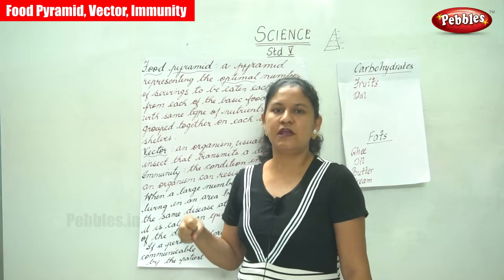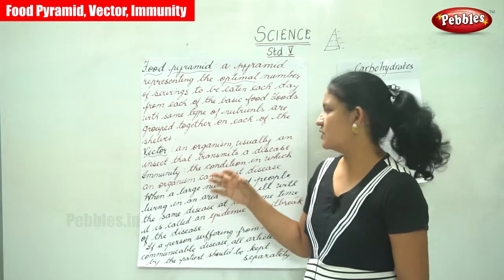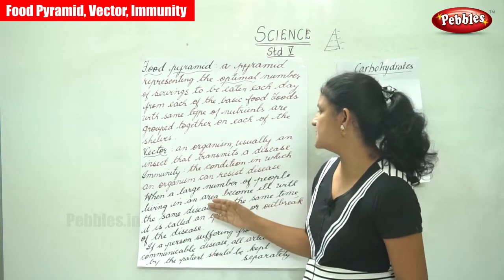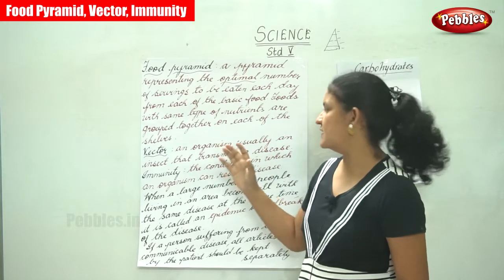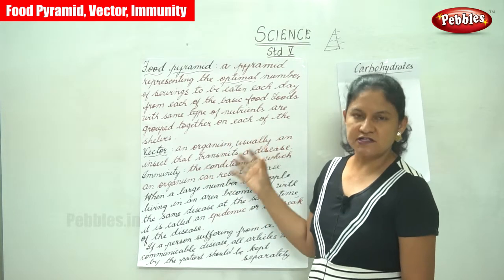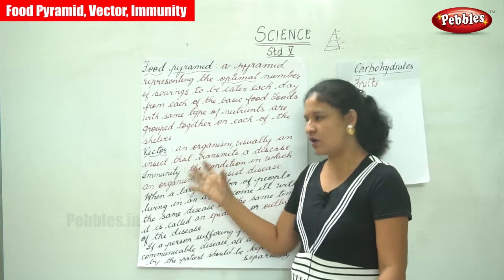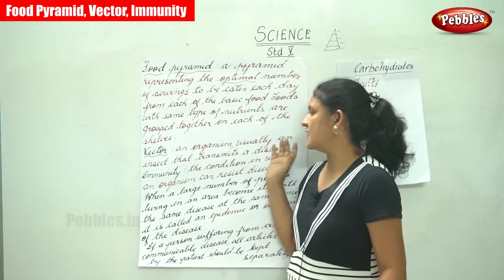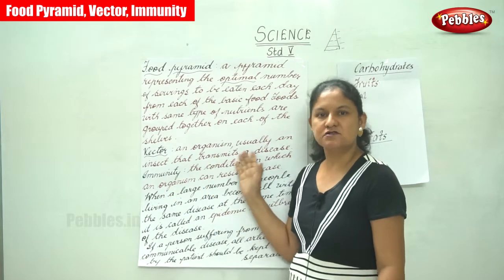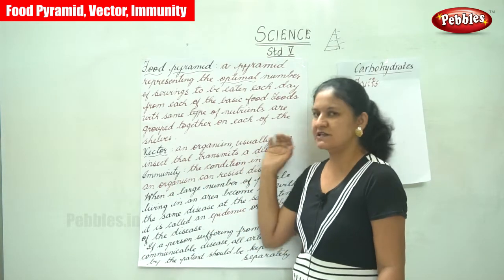So they are known as vectors. A vector is an organism, usually an insect, that transmits a disease.